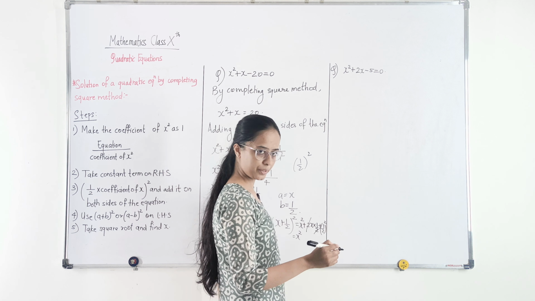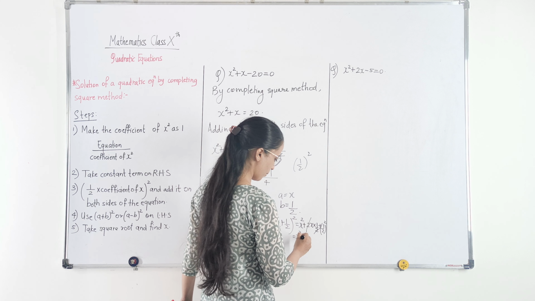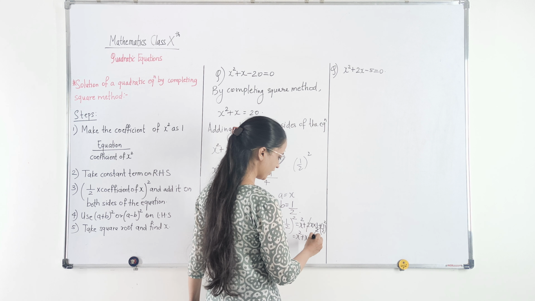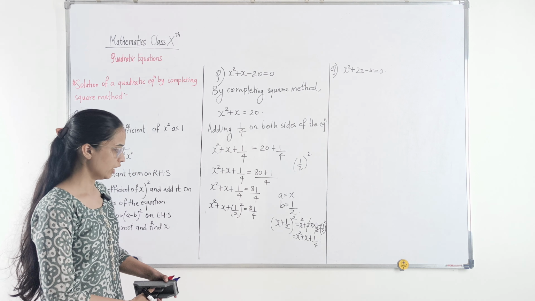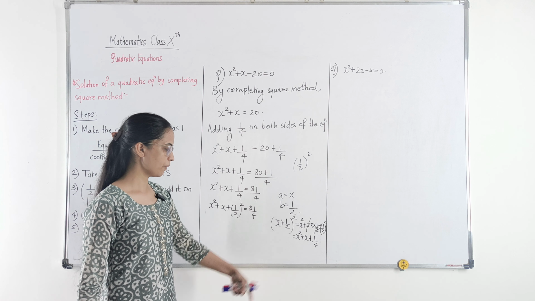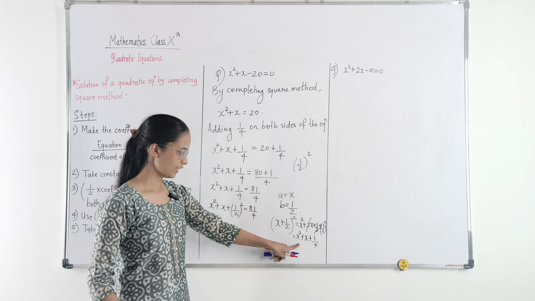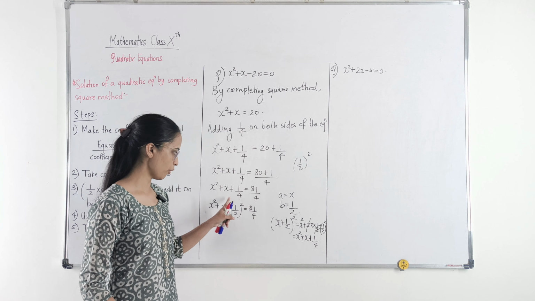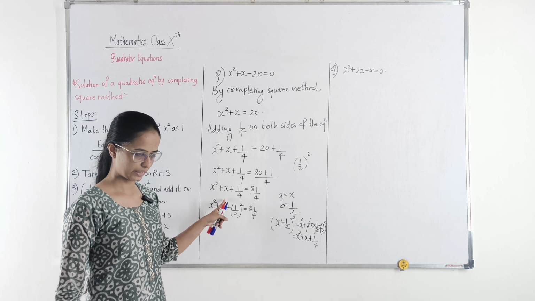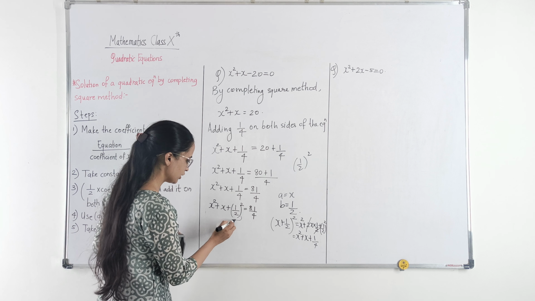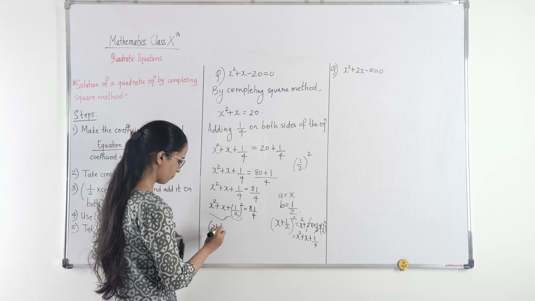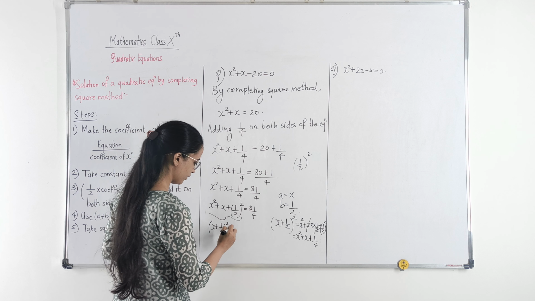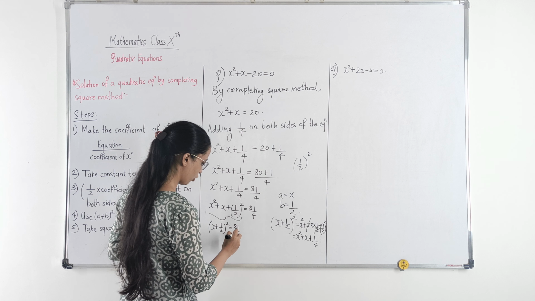The 2 in the numerator and denominator gets cancelled, so our middle term becomes x, and 1 by 2 the whole square is 1 by 4. So the expansion of x plus 1 upon 2 the whole square is x square plus x plus 1 upon 4, which we have on the left hand side. That is why this expression can be written as x plus 1 upon 2 the whole square, which is equal to 81 upon 4.